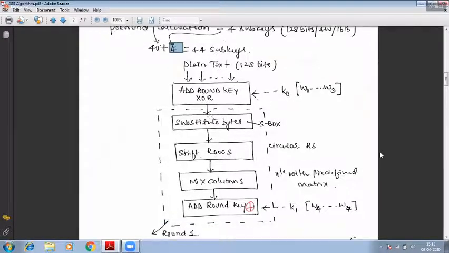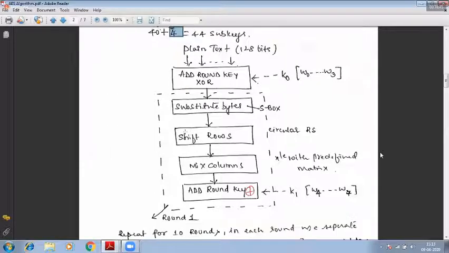After that, in each round, I have 4 different operations. One is the substitution byte, which we call the S-box. I hope you remember that in DES we also had an S-box. Next, a different methodology compared to DES, the next operation is shift row.